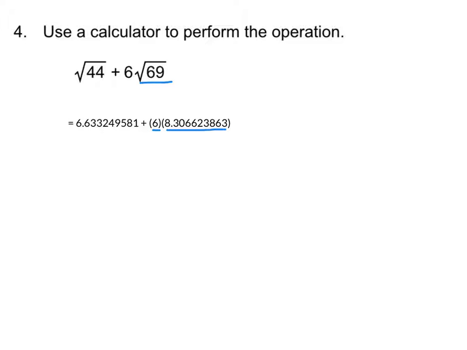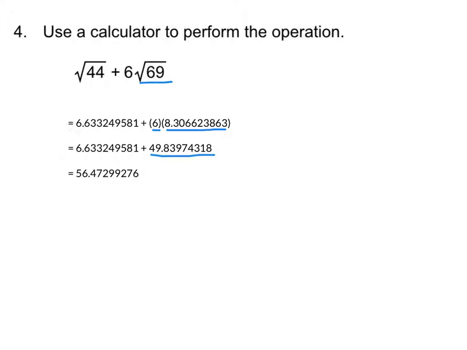That's going to be my next step. So I'll multiply that decimal to 6. When I multiply those two values together, I get 49.83974318. Lastly, I'm going to add the two decimals together to get my final answer.